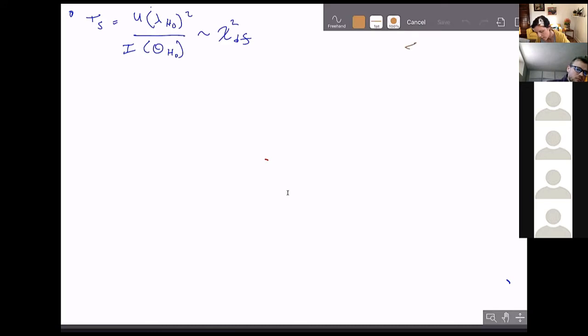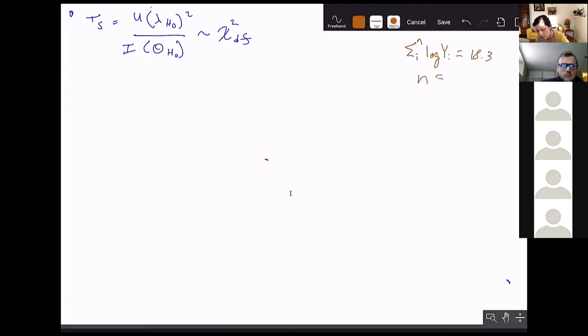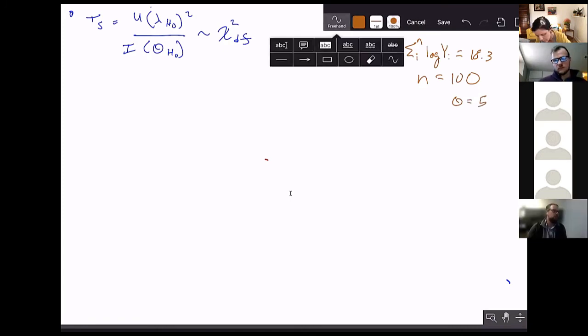You're given that the sum over i of log yi is equal to 18.3, and that n is equal to 100. I simulated this from theta equals 5. So actually we have theta, we don't have lambda here as our parameter.